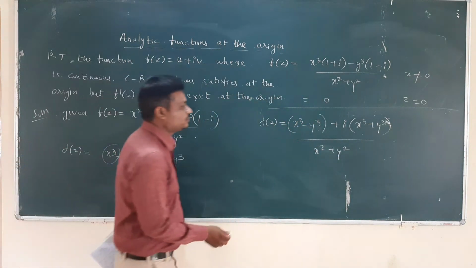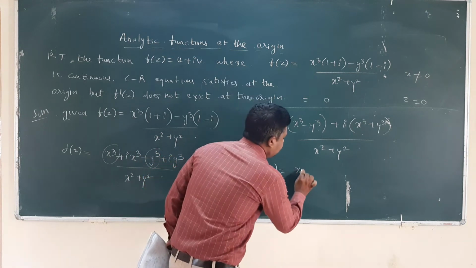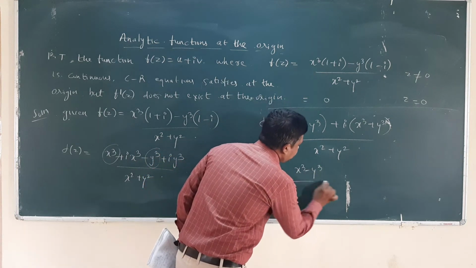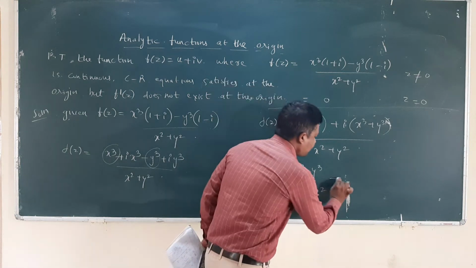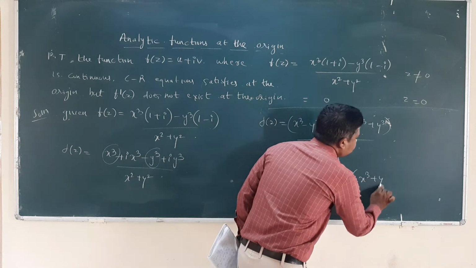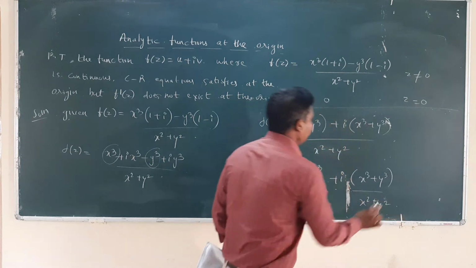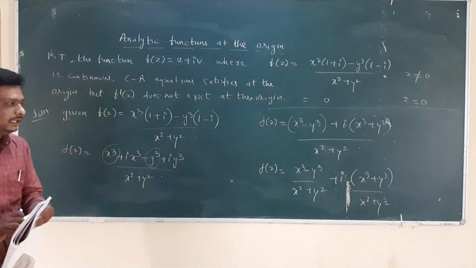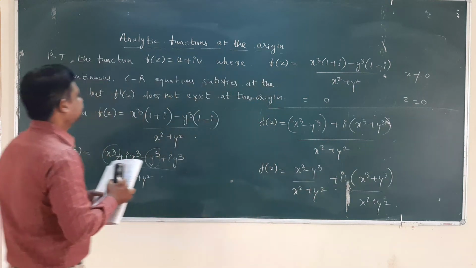Now I will split this. Therefore f of z is equal to (x cube minus y cube) upon (x square plus y square) plus i into (x cube plus y cube) upon (x square plus y square). So now I have converted the function into real and imaginary parts.